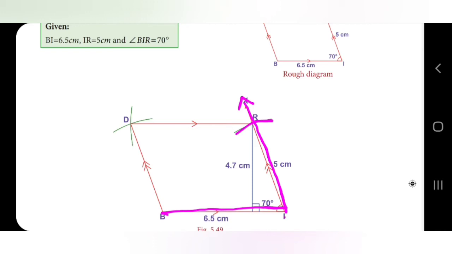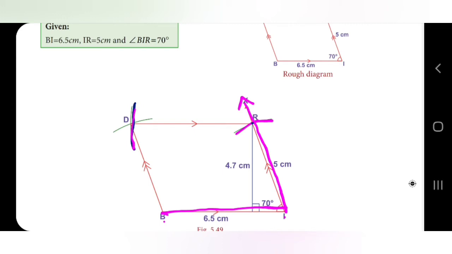So BIR. Now RD and BI are the same because they are opposite sides. So with R as center, cut an arc of 6.5 centimeter.